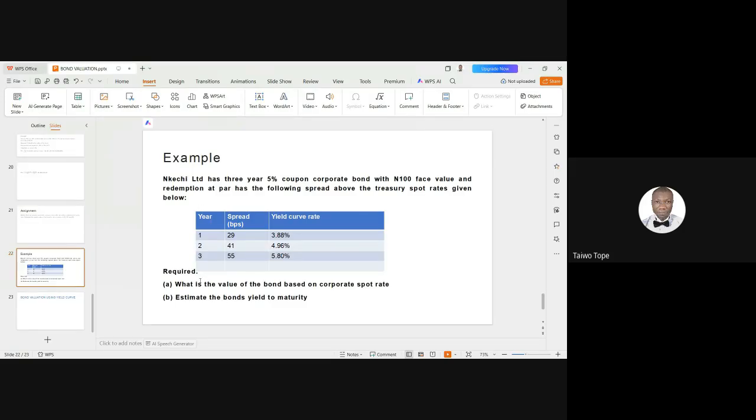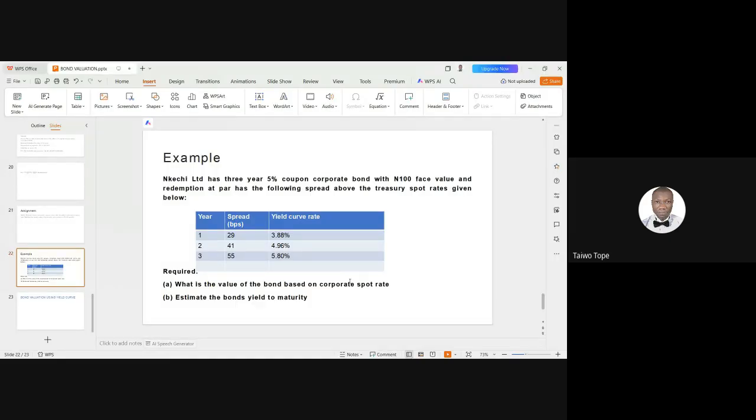What is the value of the bond based on corporate spot rate? Based on corporate spot rate. When we talk about spot rate, it is the value of the bond now, not tomorrow. On the spot, what is the value of the bond?